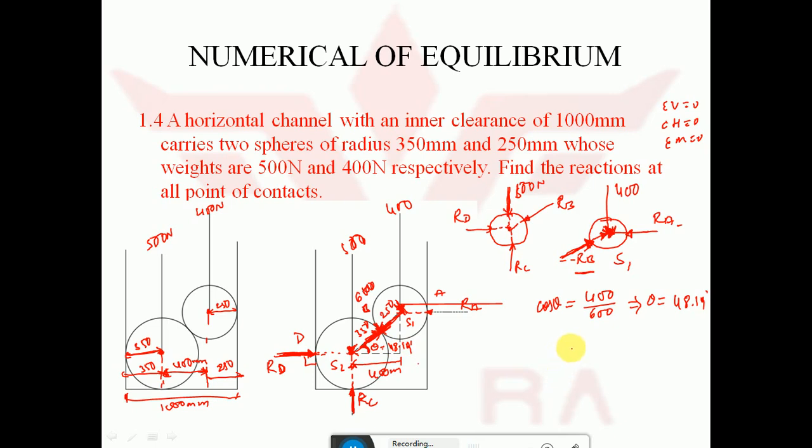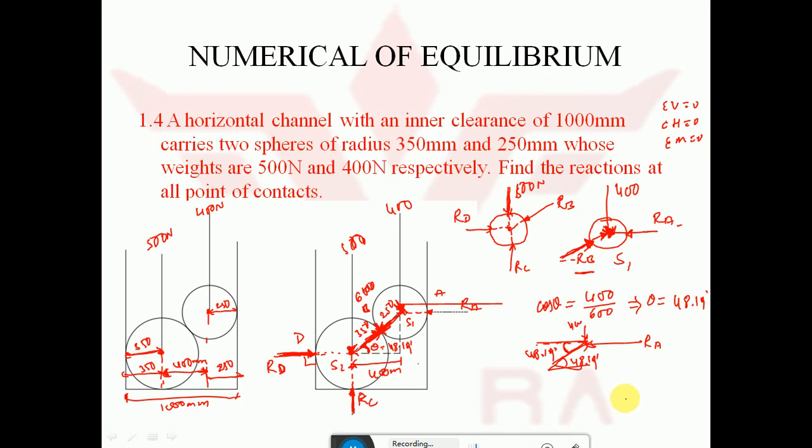So I will redraw here. This is making 48.19 degrees. So this is the force RA, and one more force is 400. If I draw a horizontal here, see here, this will make a Z, so this angle will be equal to 48.19 degrees.